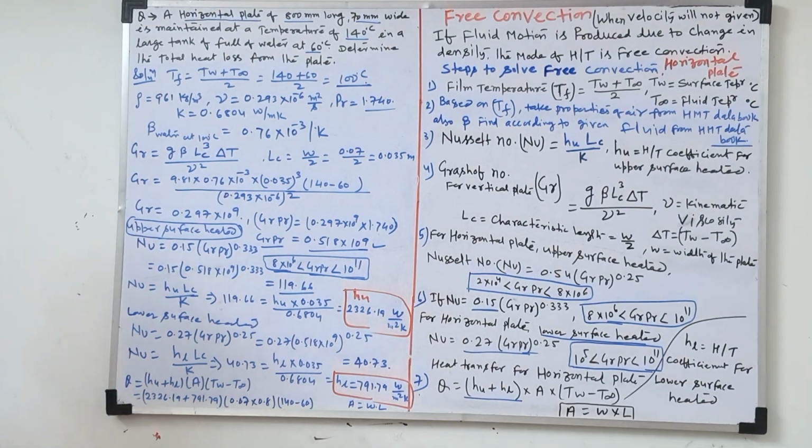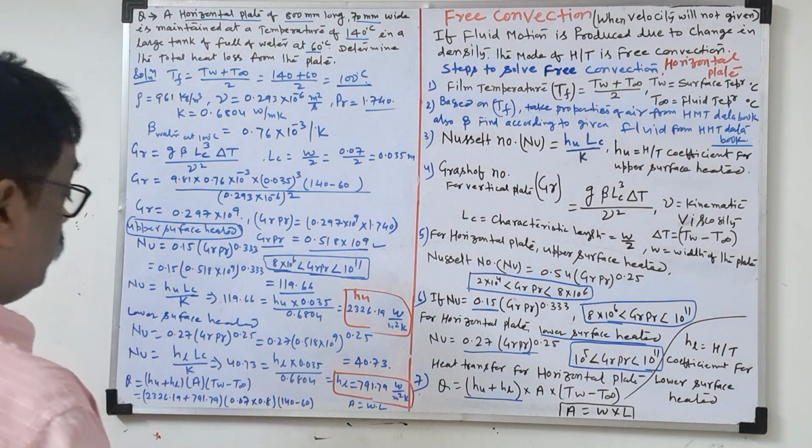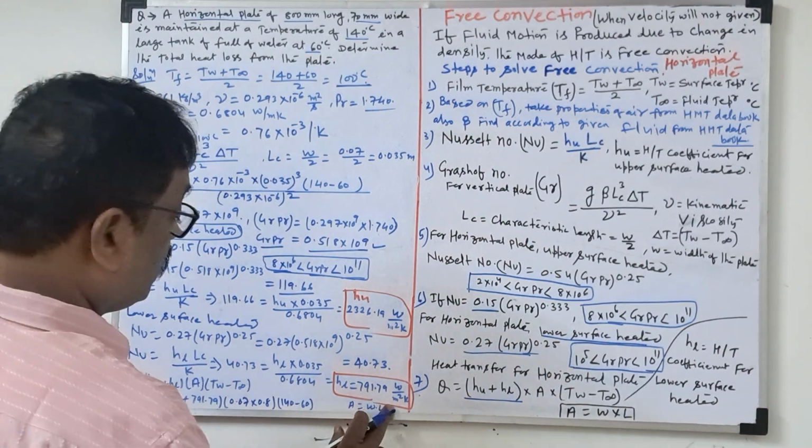So the Q value will come 13.97 kilowatt. This value we will write here.